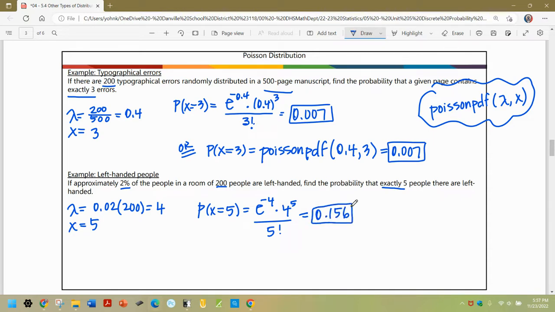So basically, if on average 2% are left-handed, then in this room of 200, I have about a 16% chance that exactly 5 are. Again, small probability because it's an exact number.